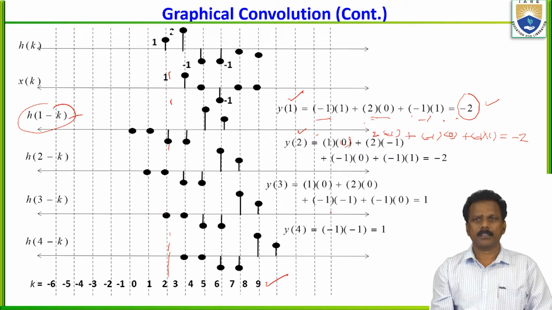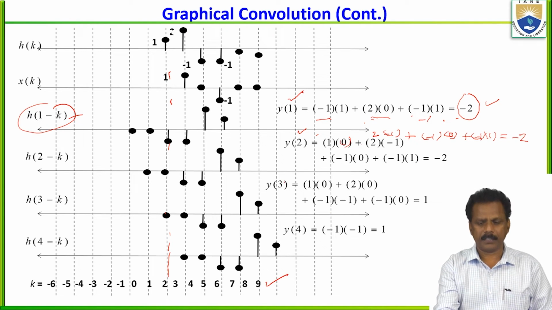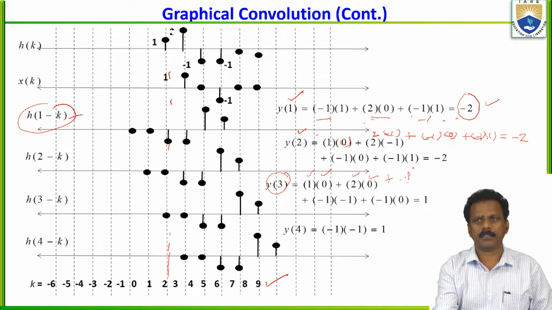Okay, and similarly y of 3 is equal to 1 into 0 plus 2 into 0 plus minus 1 into minus 1 into 0.